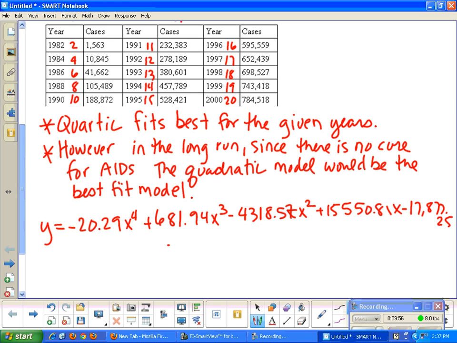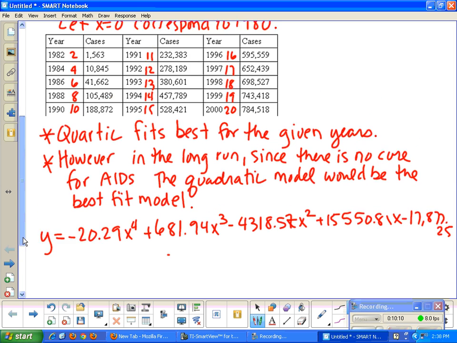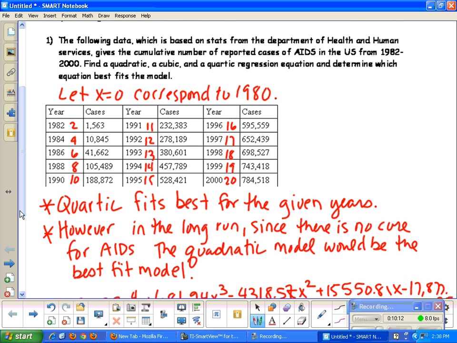Since these get to be quite long, if you want to round to the nearest hundredth, that's okay. So that would be my quartic model for the given years, and then if we wanted to, we could also write down the quadratic model for the long run. I would also write down on your paper what our coefficient of determination was for each of them, so the r squared values you could write over here.